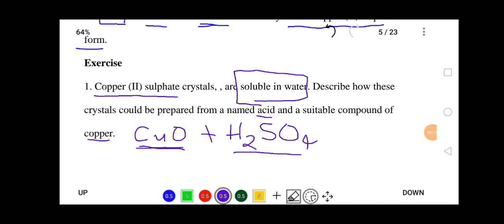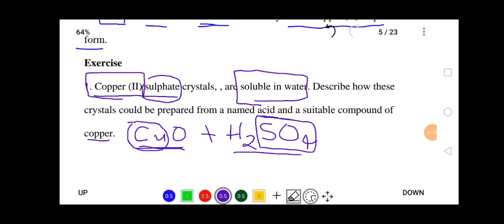I understand that this copper 2 oxide will give me the metallic part, which is copper, and the sulfuric acid will give me a sulfate which is there in copper 2 sulfate. Meaning I have identified an acid, I have also identified a compound of copper. The compound of copper here is copper 2 oxide.